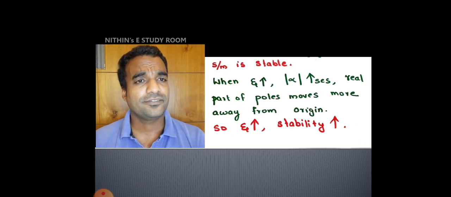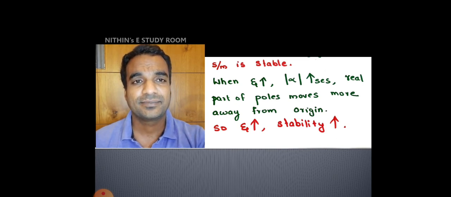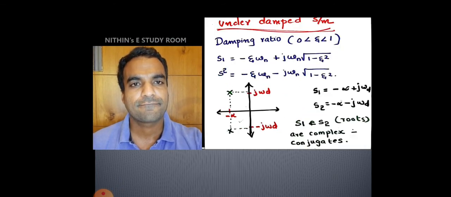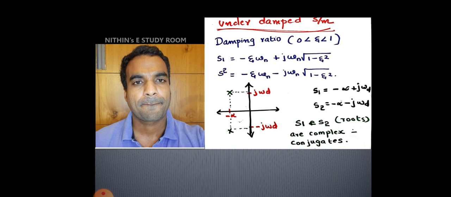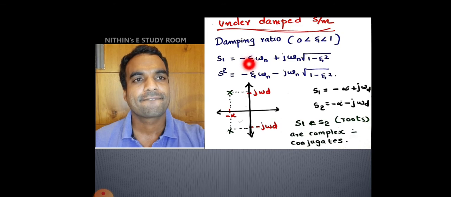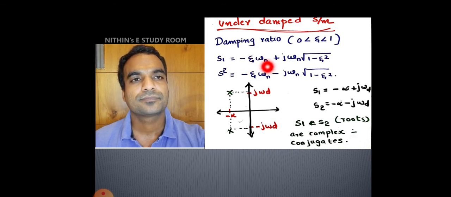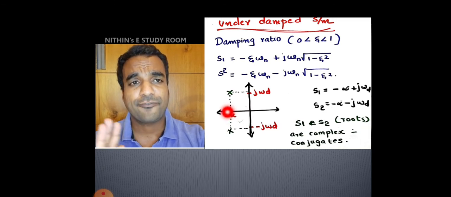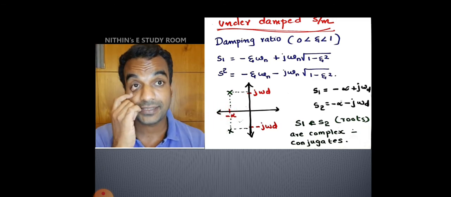But my question, what happens when eta increases? When eta increases, this value minus eta omega n increases, because that term will move more left with respect to the imaginary axis.